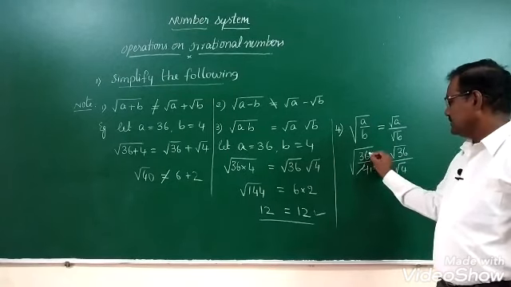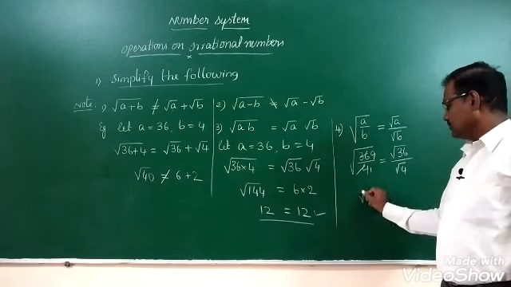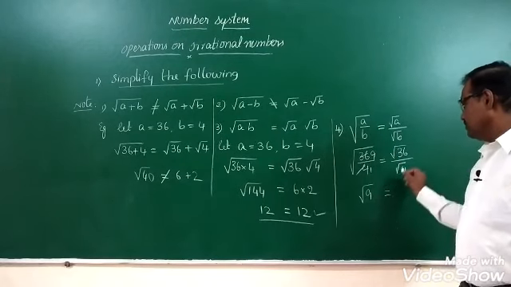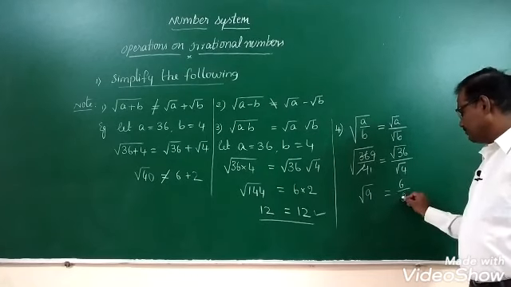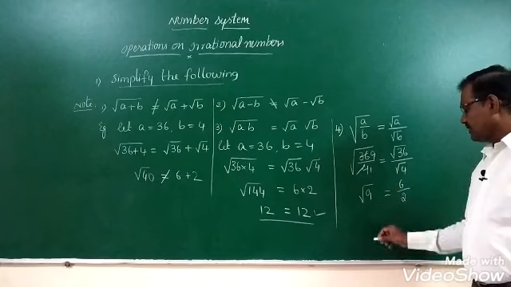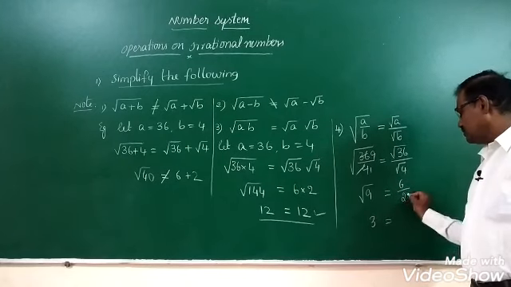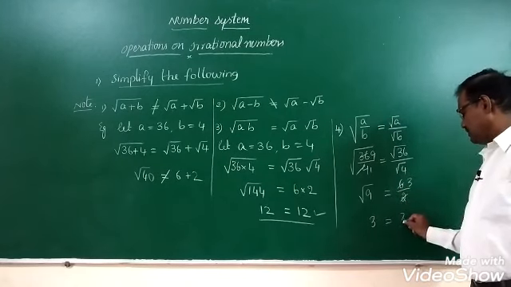Here, 36 by 4 is 9, that is root 9. Root 36 is 6, root 4 is 2. What is root 9's value? 3. Here 2 ones are 2, 3s are 3.